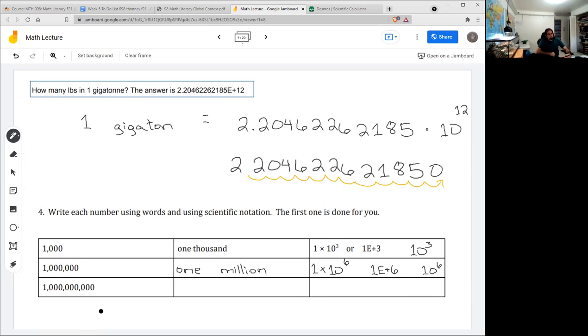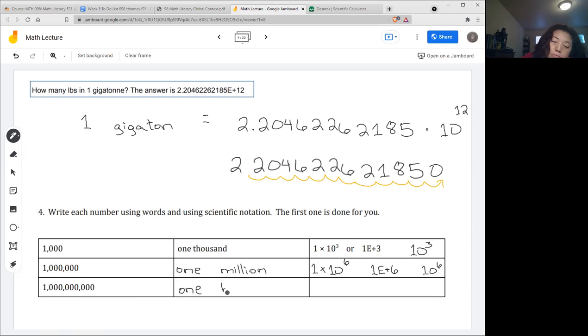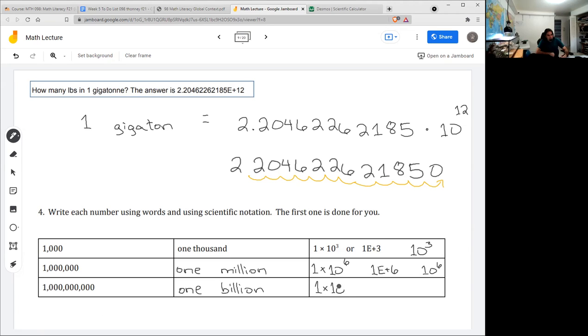And the last row, 1 billion. One times 10 to the 9. One E plus 9 or 10 to the 9. Okay.